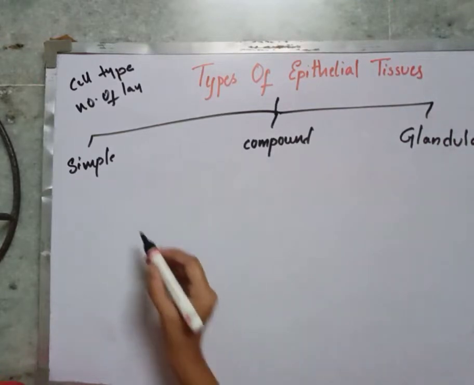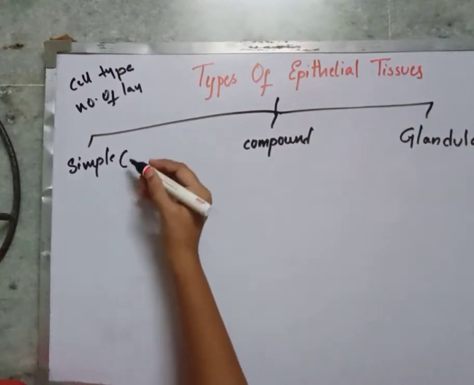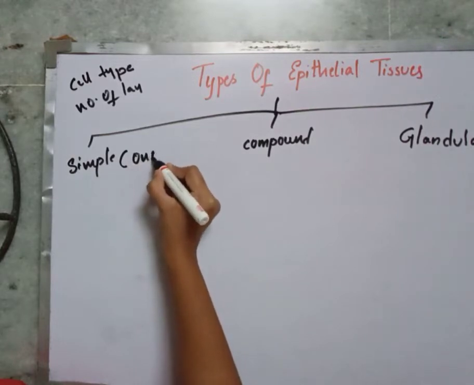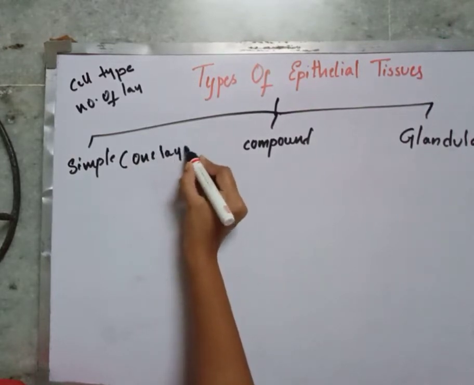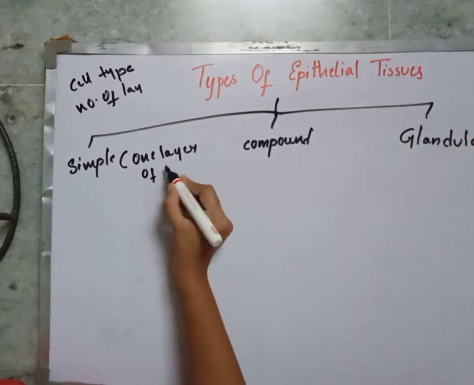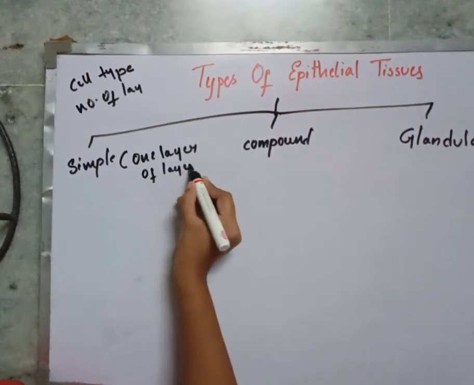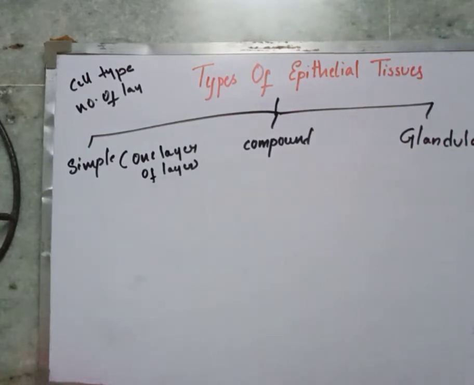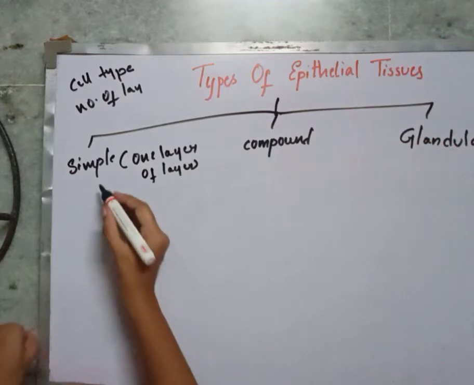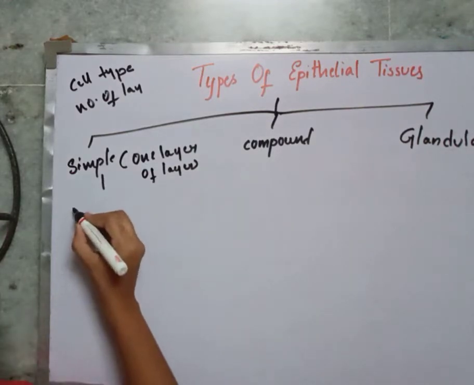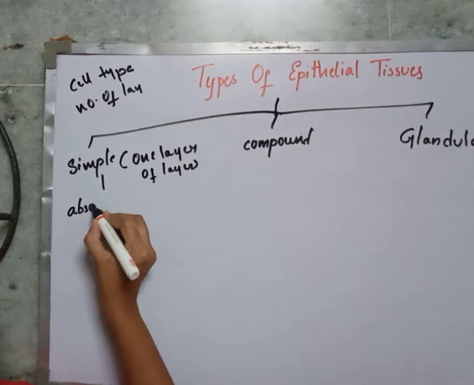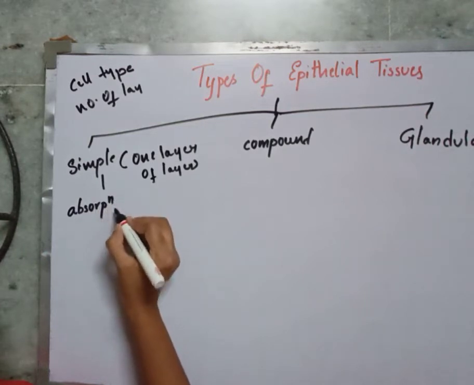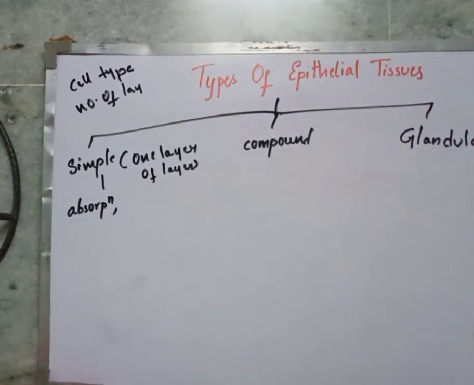So simple epithelium means they contain only one layer of cells. It is called simple epithelium. So the main function of simple epithelium is absorption. It contains mainly four functions.